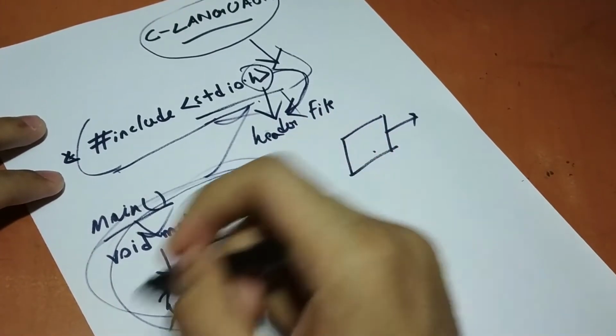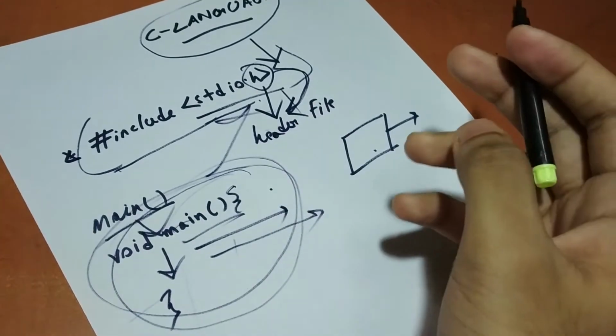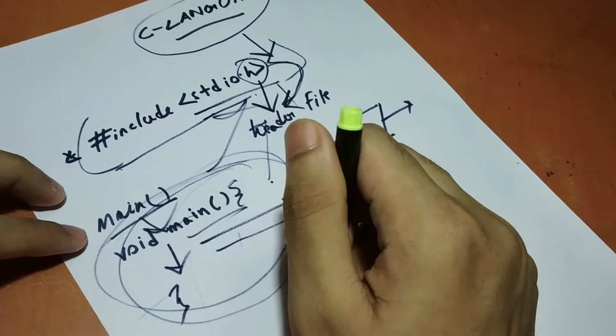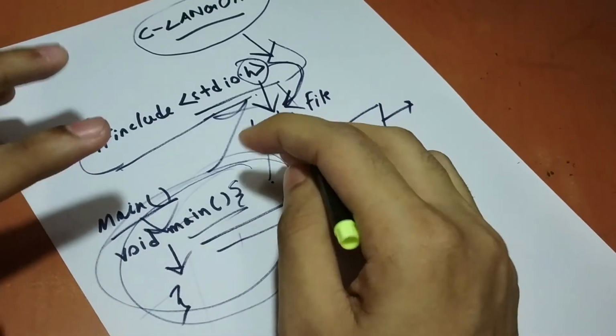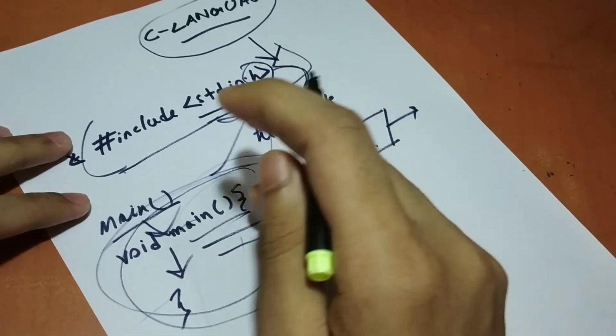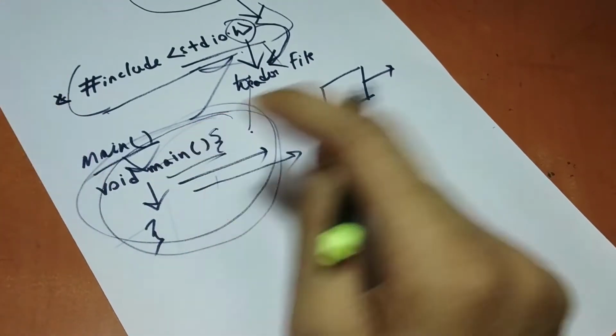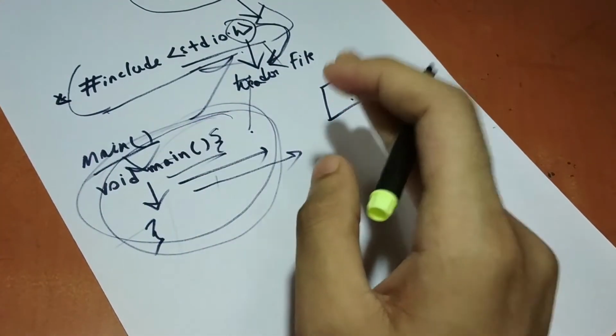This is the actual backbone of the code. So this main function is the backbone of the C language, right?